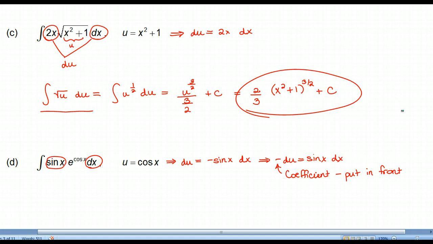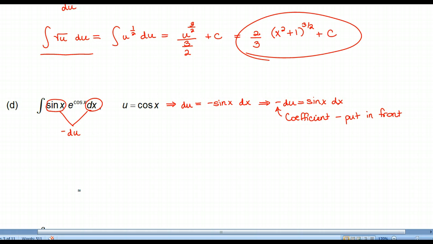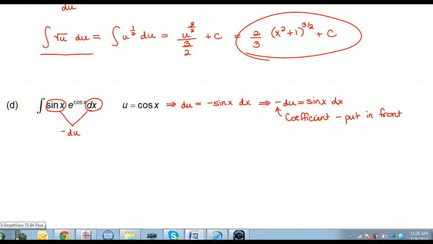We wouldn't have been able to solve this without the sign there, because these two combined right here, this is negative du. You see that? So whenever you end up with something other than just du, like a 2 du or a 1/3 du, you have to compensate for that in the integral when you write it in terms of u.